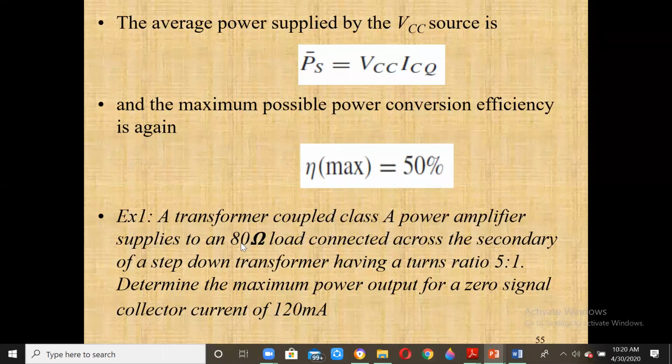So 0.36 into 80 ohms gives 28.8. 28.8 watts will be the power at the output side. At the output side, we'll get 0.6 squared into 80, that is 28.8 as the power at the output side.